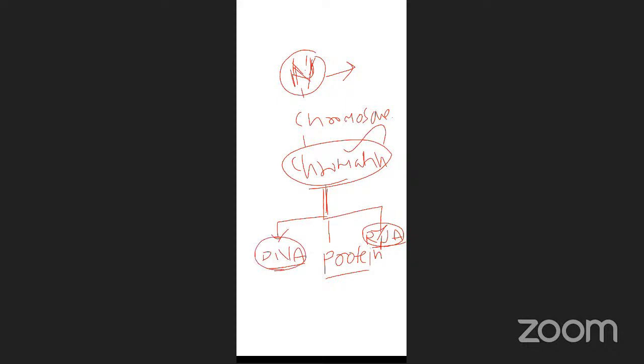Then again, 2 types of protein are present in chromatin. One is histone protein, the second is non-histone protein. And RNA.